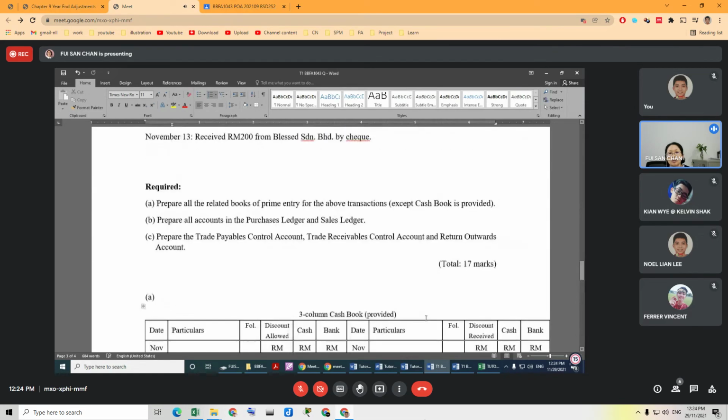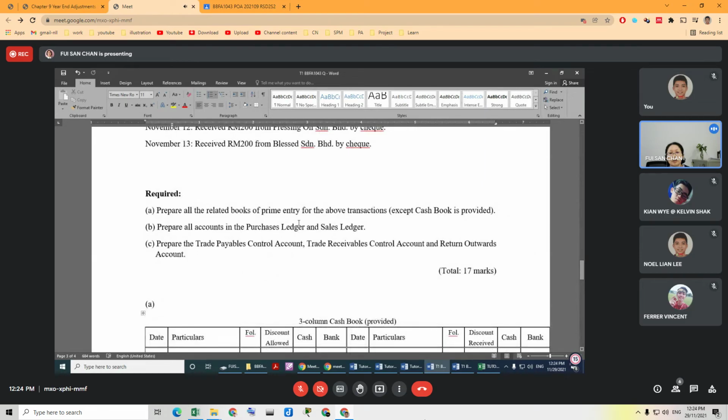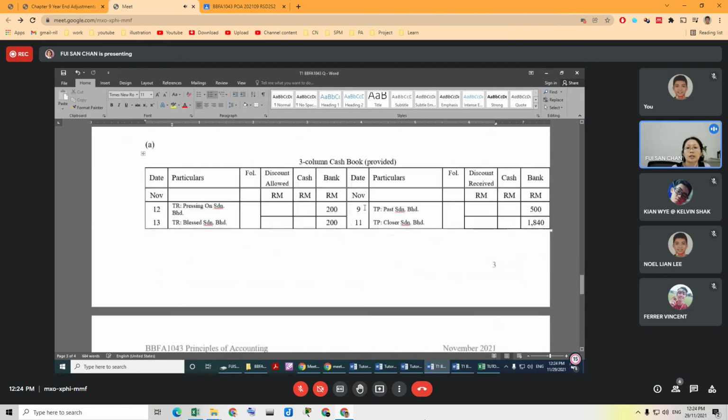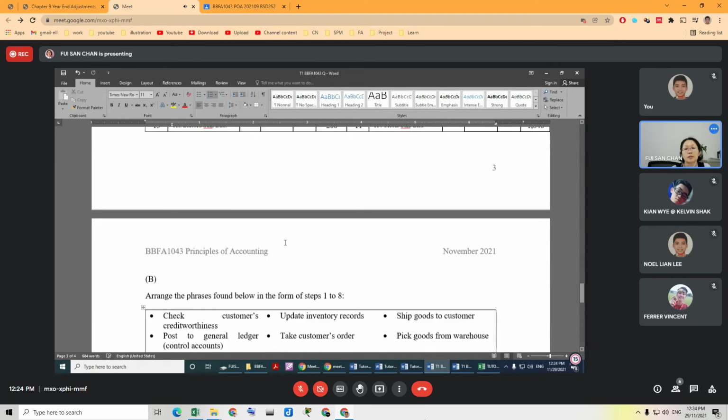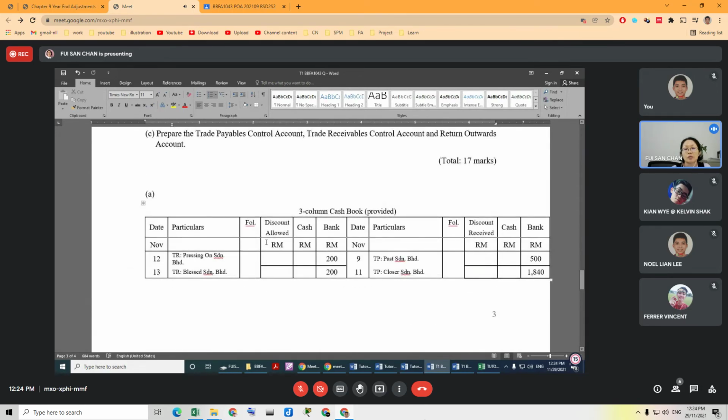The question only wants you to do the books of prime entry. Only prepare all the related books of prime entry. And then prepare all accounts in purchases ledger and sales ledger. And then prepare trade payable control, trade receivable control and returns outwards account. Like this. And this one is actually given.